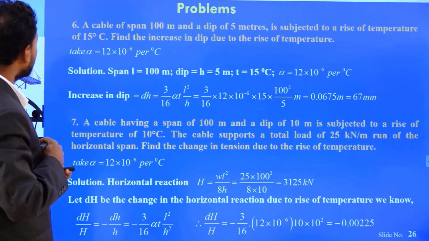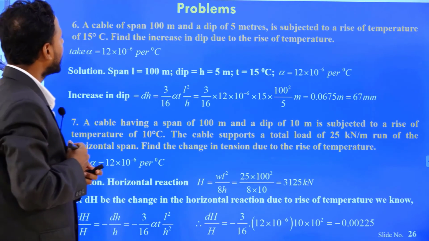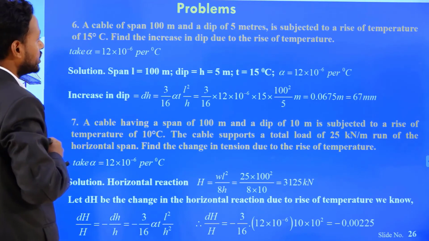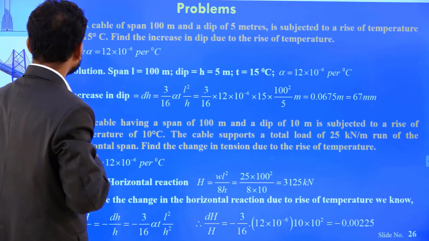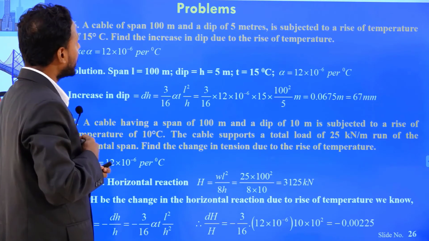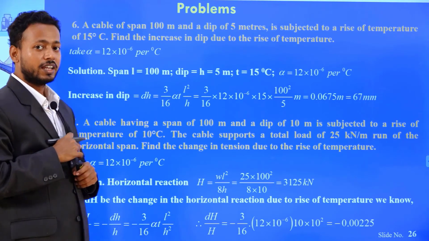So this is the numerical problem. A cable of span 100 meter and a dip of 5 meter is subjected to a rise of temperature 15 degrees centigrade. Find the increase in dip due to rise of temperature. What is the increase in dip?